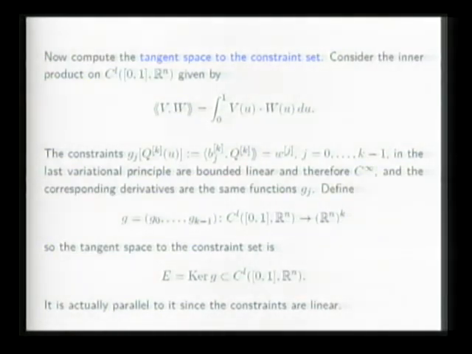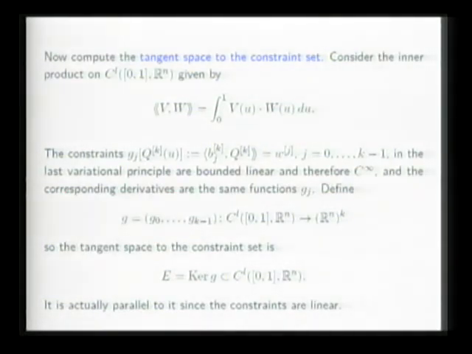And first consider this inner product of vector valued functions on [0, 1], which is just this integral here. And the constraints in the last variational principle were exactly these ones: Bj comma qk equal to wj, and that function we call gj.